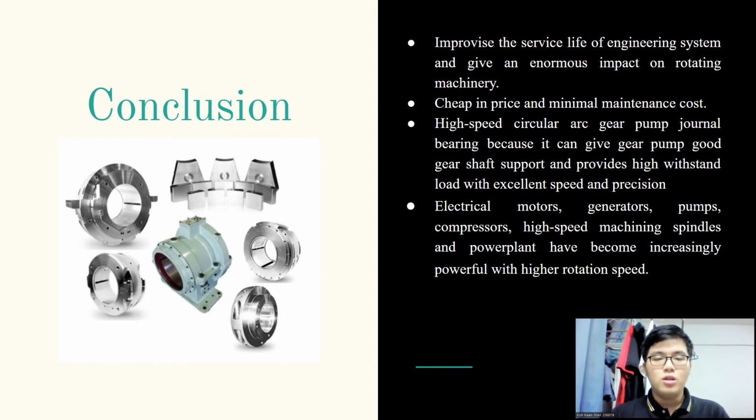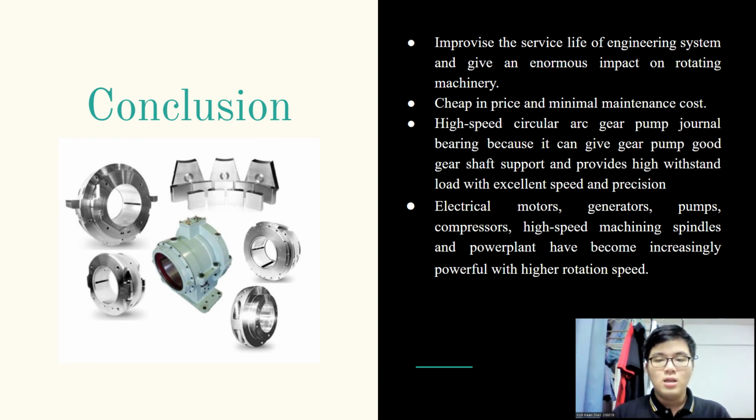The hydrodynamic journal bearing used in the high-speed circular arc gear pump gives the gear shaft good support and provides high load capacity with excellent speed and precision, whereas a normal bearing has a shorter life and gives a lot of noise and vibration.